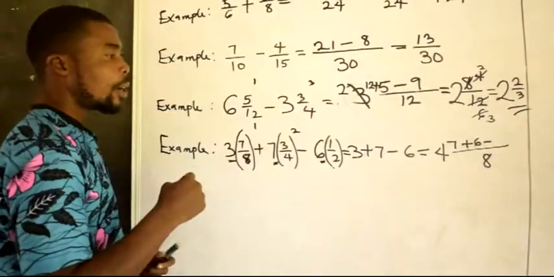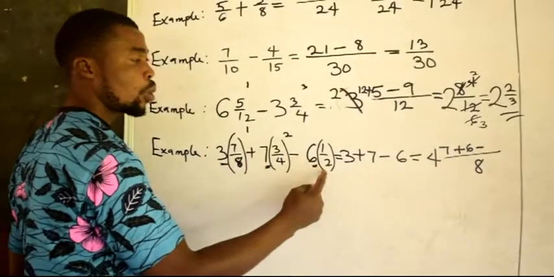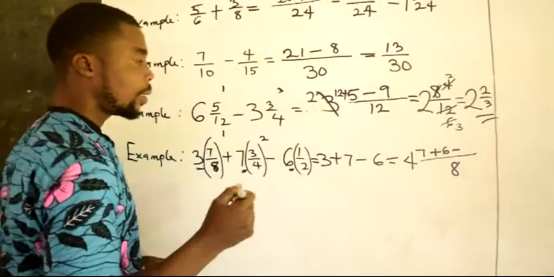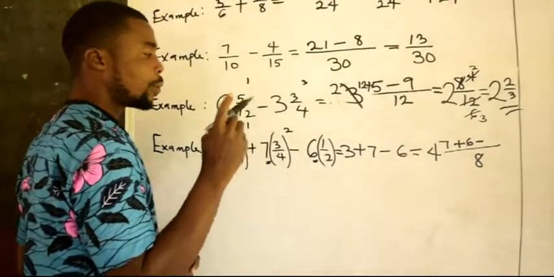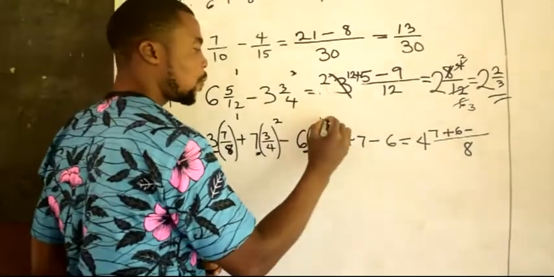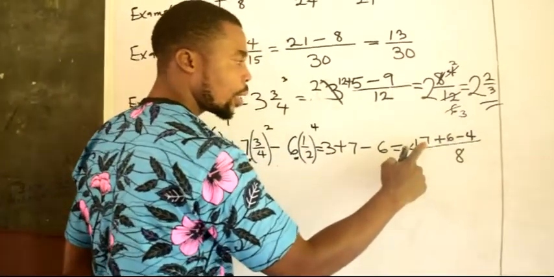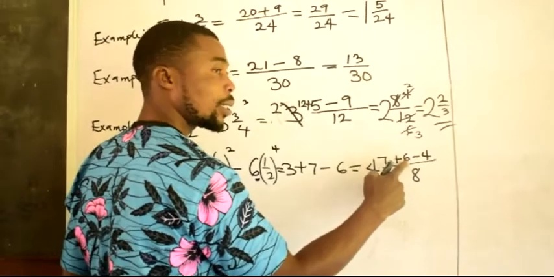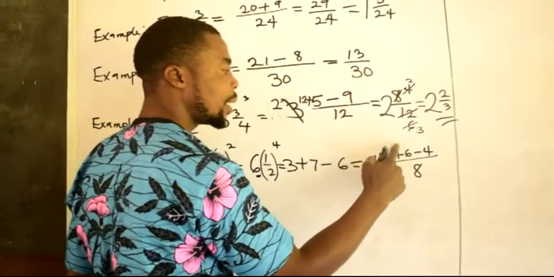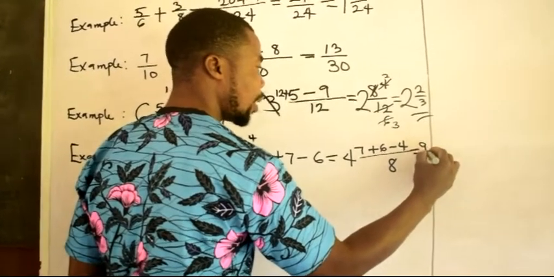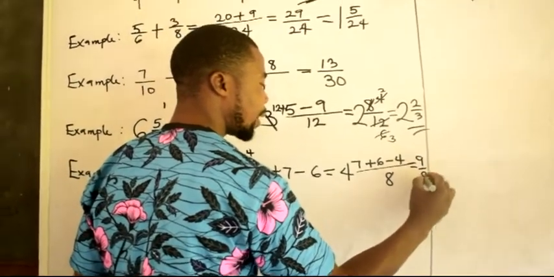Now you take 2. 2 will go in 8, that is 4 times, and 4 times 1 will give us 4. You add this together, 7 plus 6 will give us 13. 13 minus 4 is 9. That is 9 over 8.